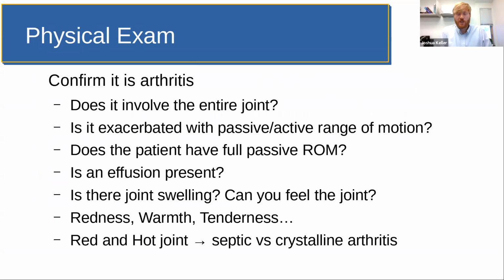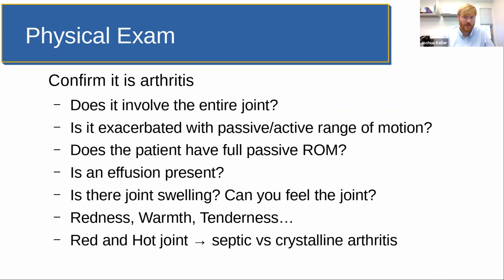So now you're moving on to the physical exam. To confirm it's arthritis, you really want to isolate the area where the pain is and figure out, is it the entire joint? Is it just part of the joint? It really should be the entire joint. If it is an arthritis, it has the symptoms, whether it's stiffness or pain.